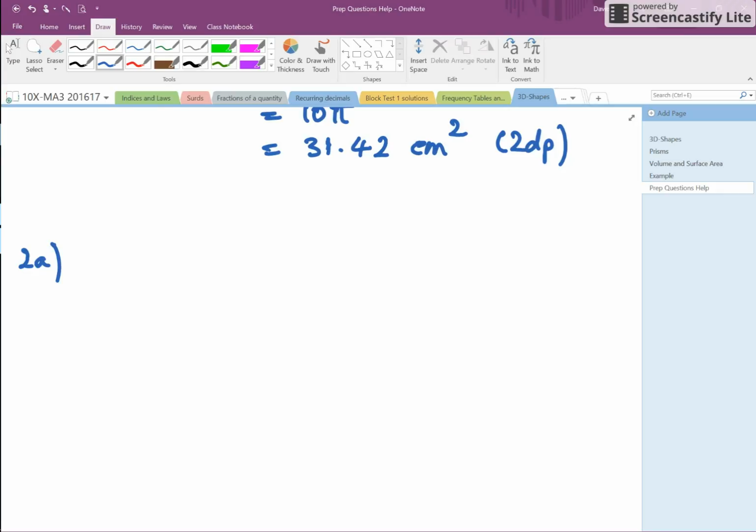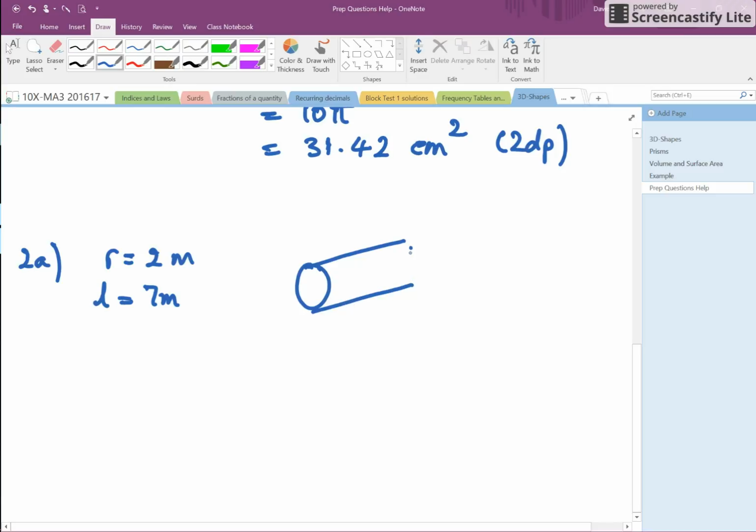Okay, so again, these are solid cylinders. The lids are on both ends. So here we've got a radius of 2 and a length of 7. Oh, they're both meters, I beg your pardon, 2 meters and 7 meters. So a little sketch, draw the cylinder. Our radius is 2, and our length is 7.